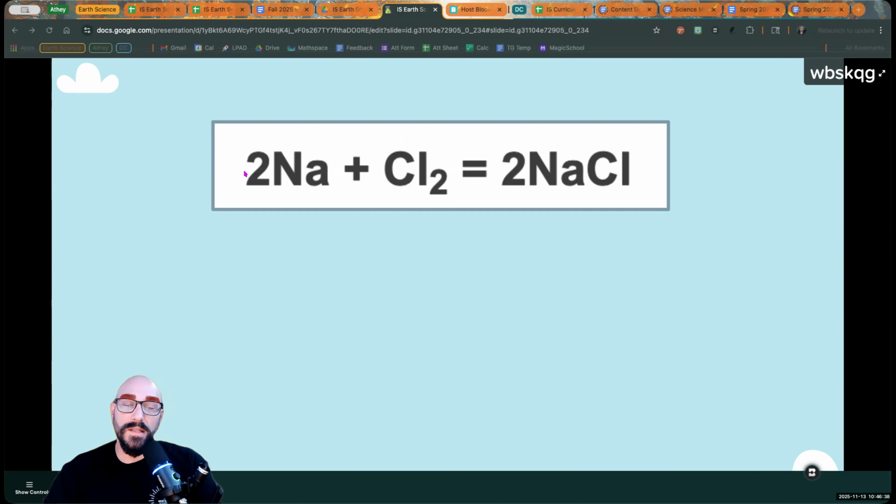When it's on the left, it just tells us there are two of that compound. So on the left side of this equation, we have two sodium atoms and two chlorine atoms, but the chlorine atoms are bonded together. The sodium atoms are not. They're just hanging out. On the right, we have two sodium chloride compounds.